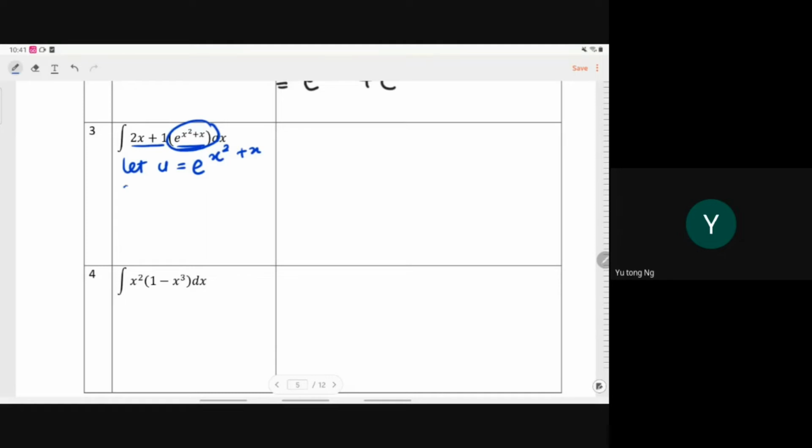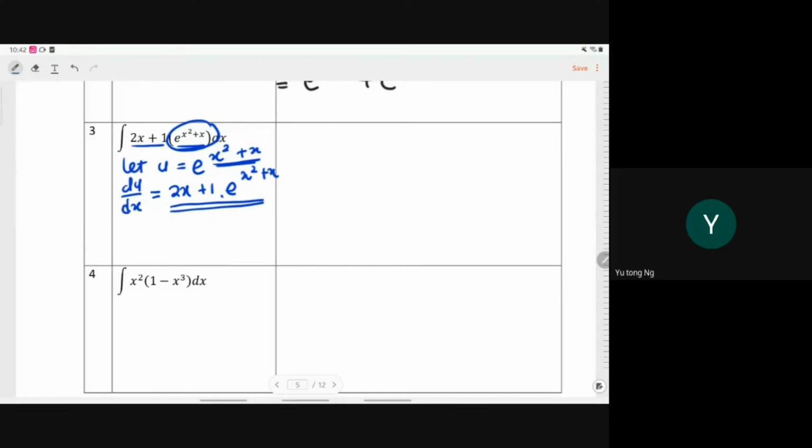When we differentiate u, we get 2x plus 1, then multiply with again x squared plus x. So if we compare the given question, integrate 2x plus 1 in the bracket x squared plus x dx, it looks exactly the same like your du dx.